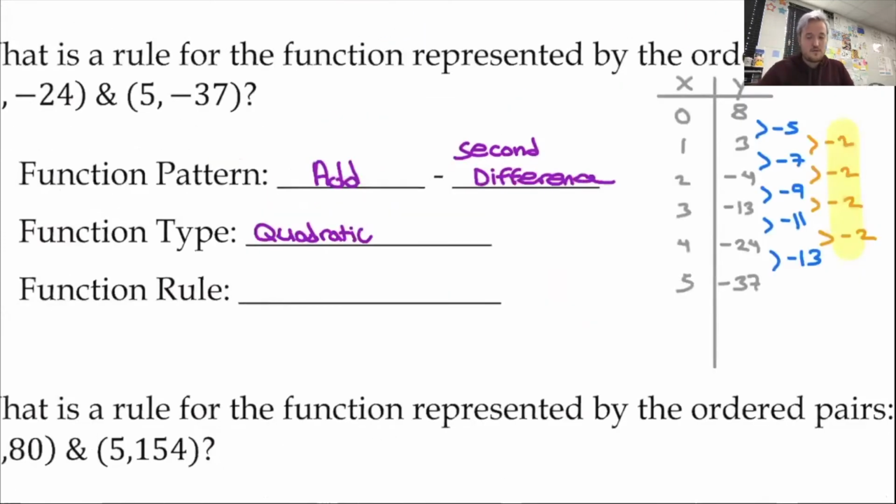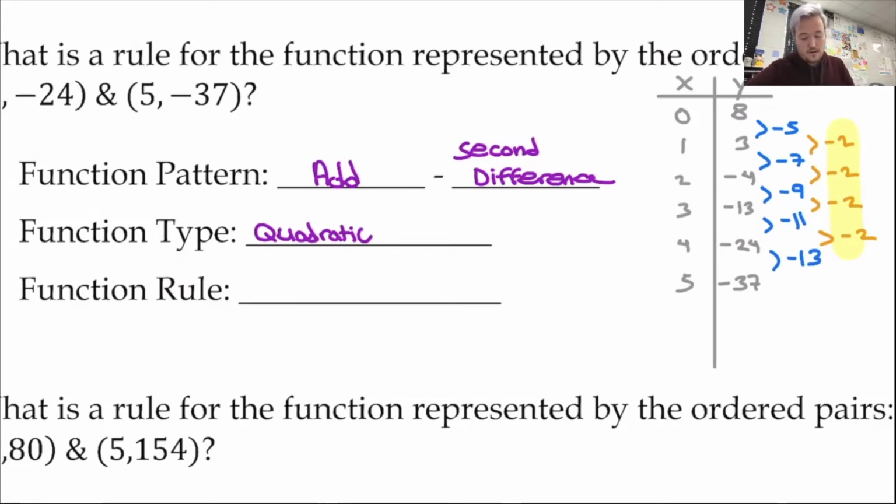All right, and I'm just going to do the regression over here on the side. So 0, 1, 2, 3, 4, 5, and 8, 3, -4, -13, -24, -37. This is quadratic.